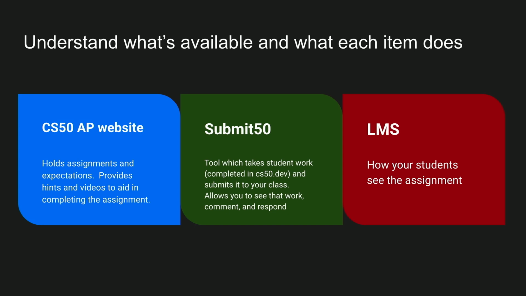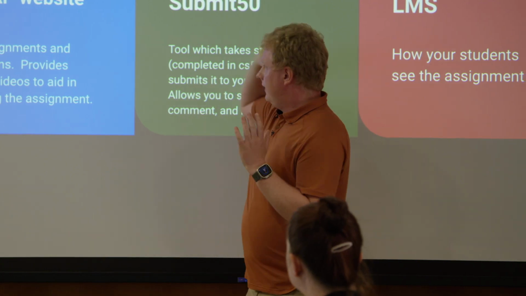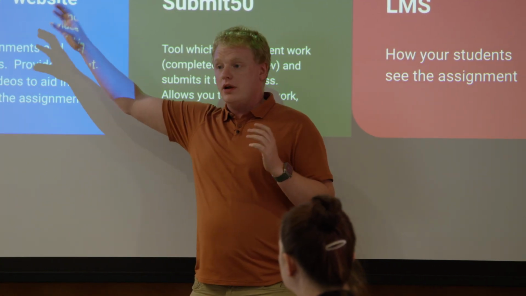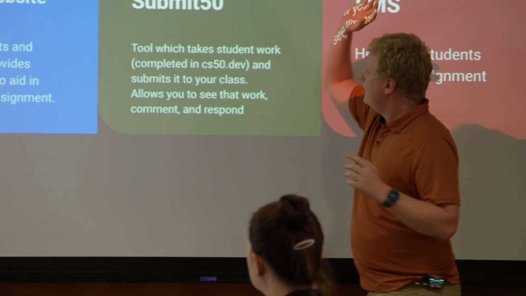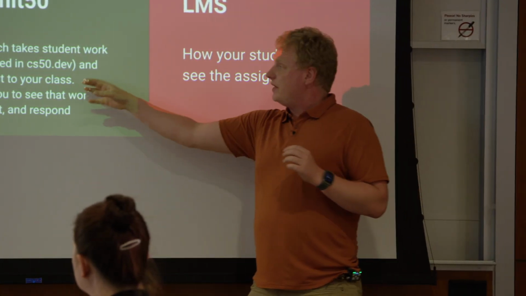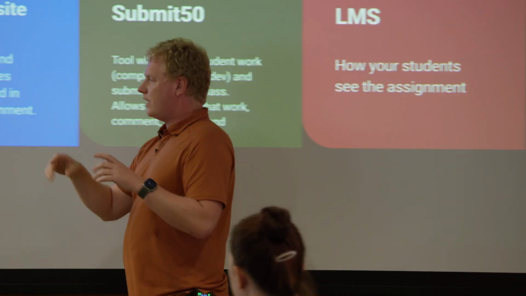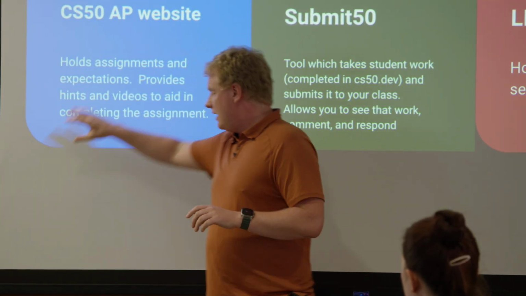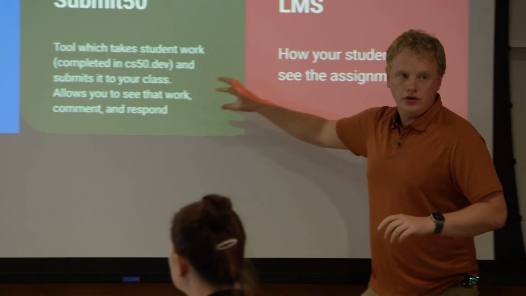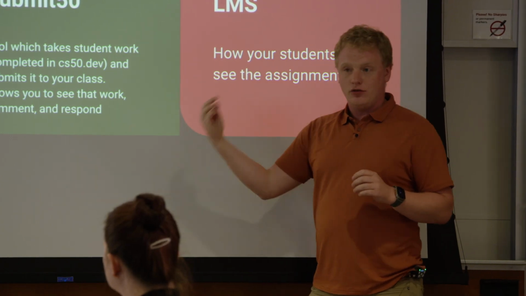And if you're like me, you're probably just going to link directly to the assignment or to whatever they're asking about. Then you've got Submit 50. And Submit 50 is how the kids, when they're working in the development environment, get their work to you so that you can see it, comment, and grade on it.